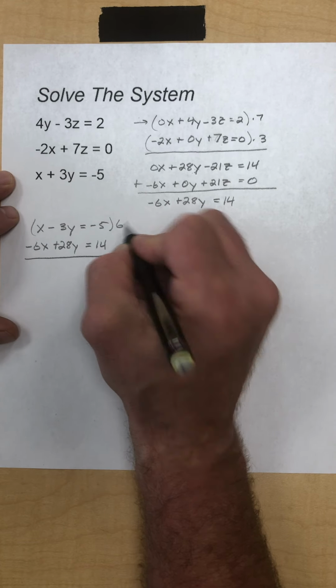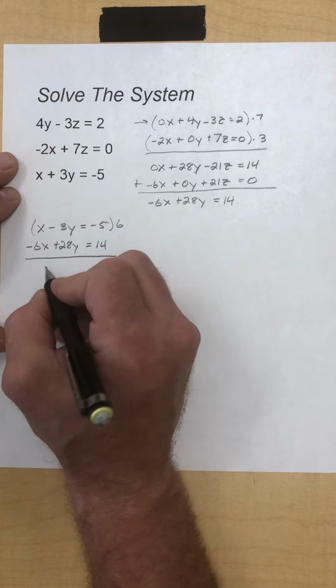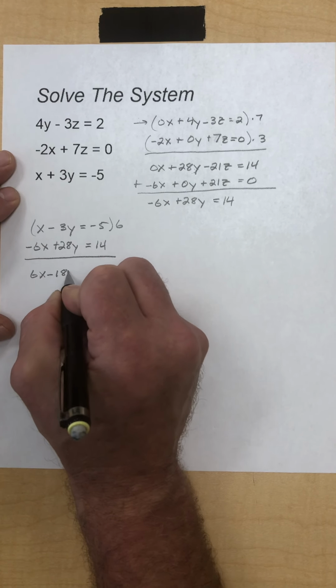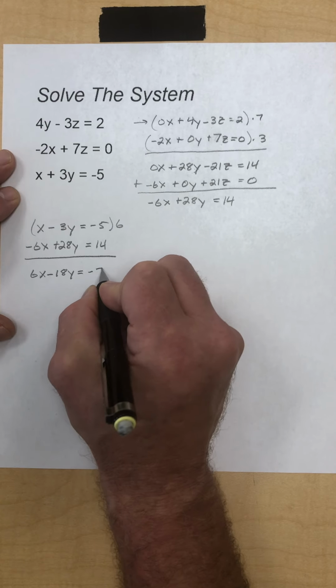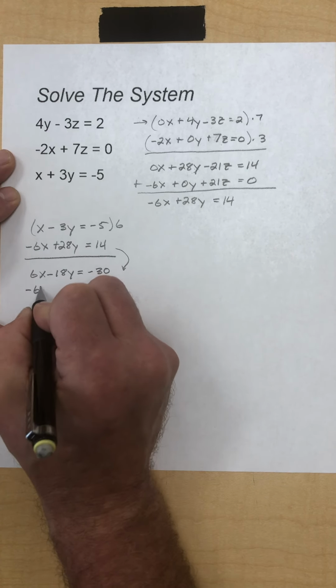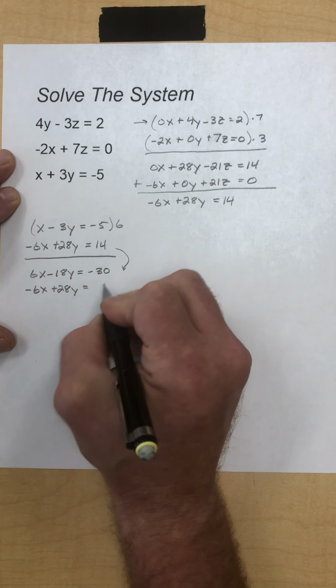So if we multiply through by 6, that'll make that a 6x, which will give me 0 when I add straight down. Okay, so I get a 6x minus 18y equals negative 30, and then bring this guy down. Negative 6x plus 28y equals 14.